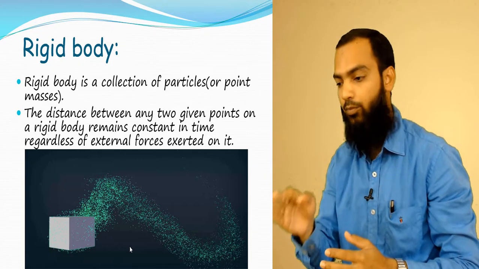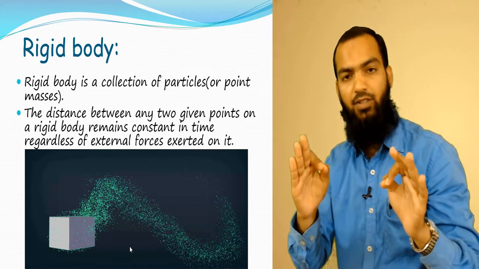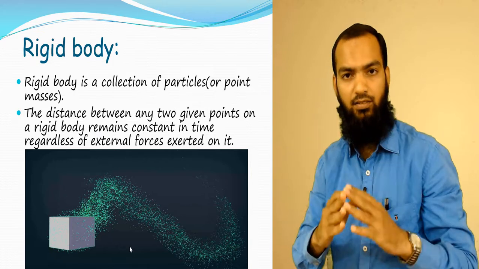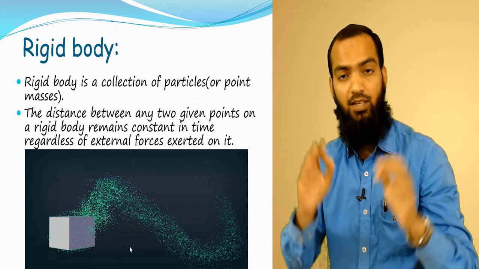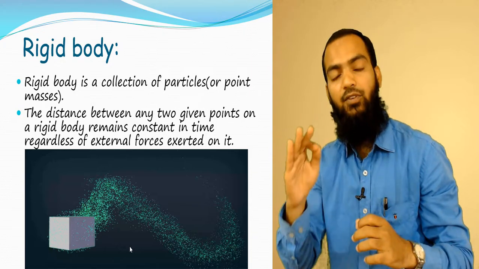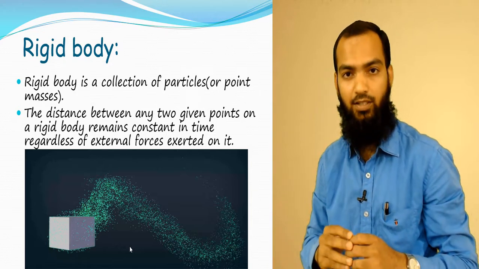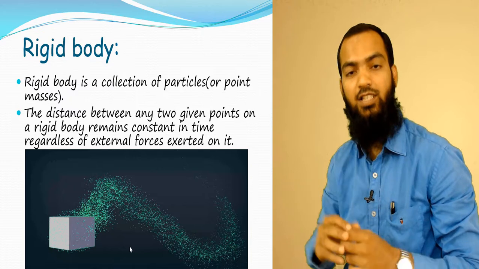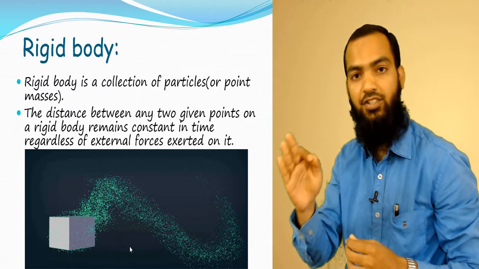And the most important point in a rigid body is that the distance between any given two points remains the same even after a force is exerted on it. The distance does not change, meaning what? It does not deform. It doesn't change its shape.